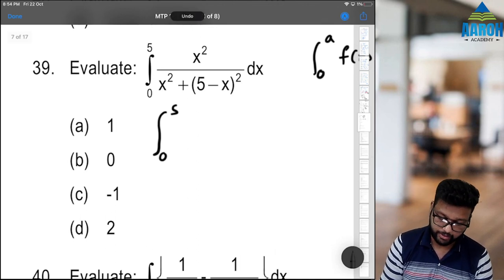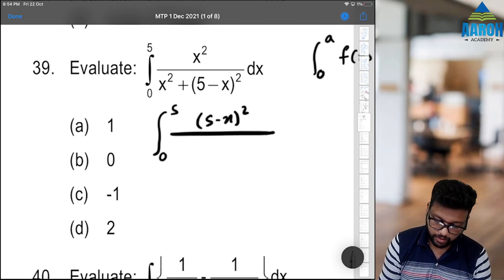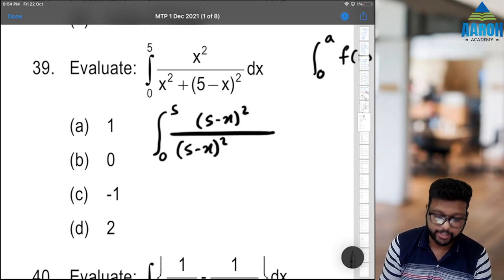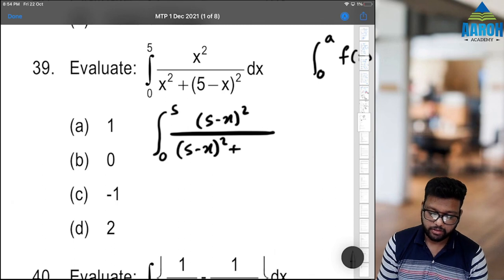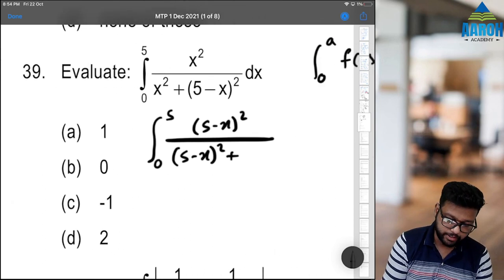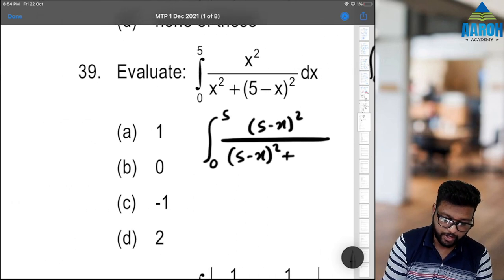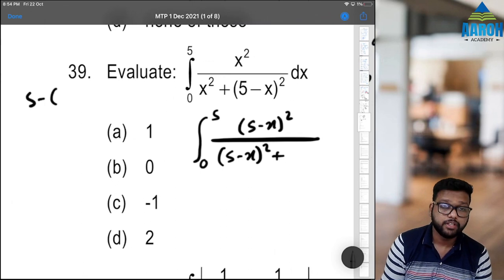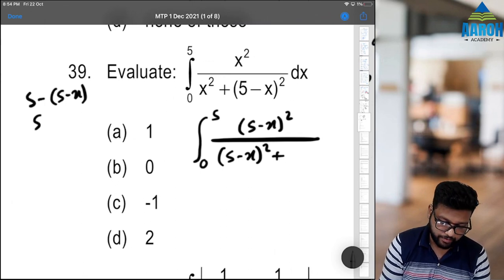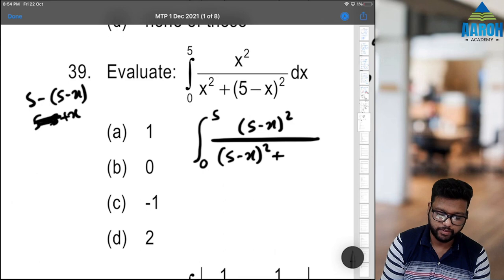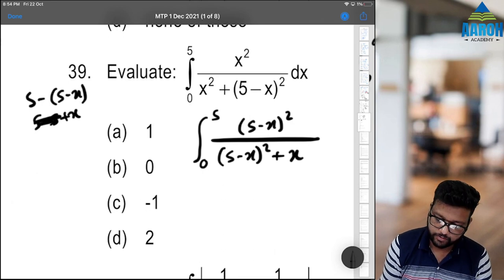So it will be 5 minus x square upon 5 minus x square plus 5 minus 5 minus x, which is 5 minus 5 plus x, which is just x square.